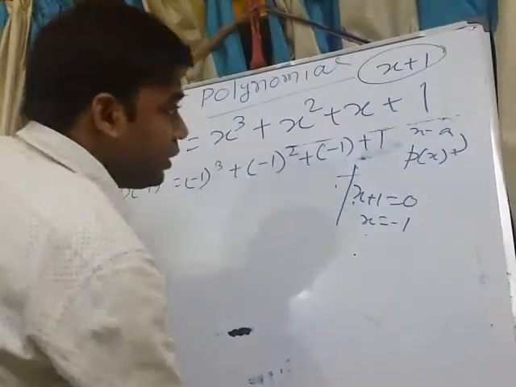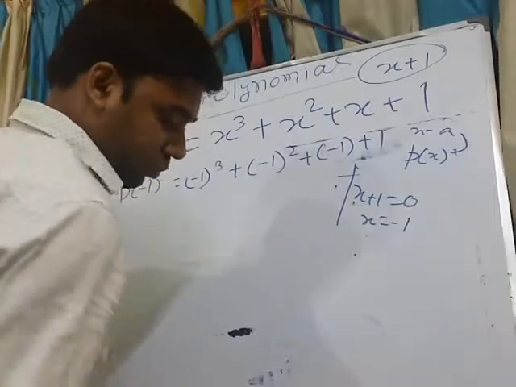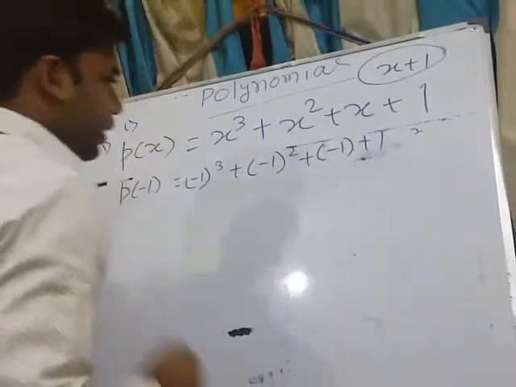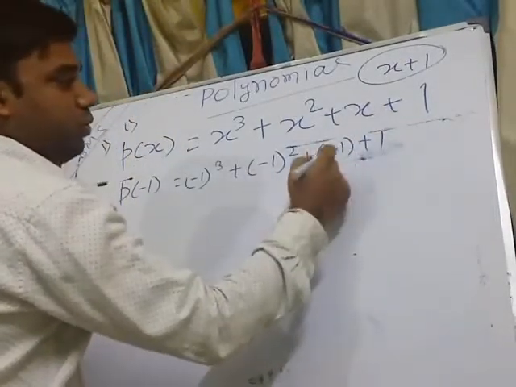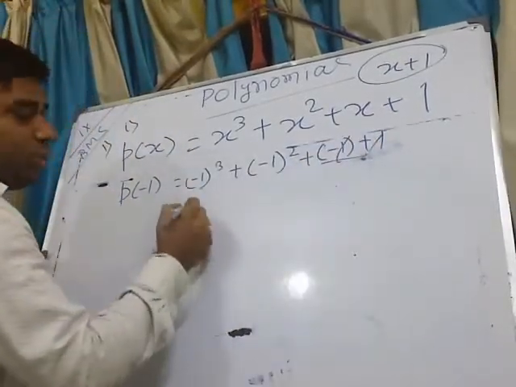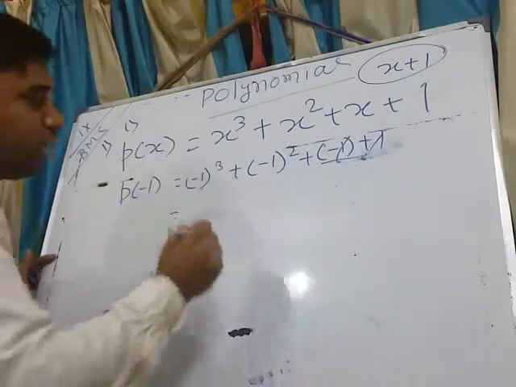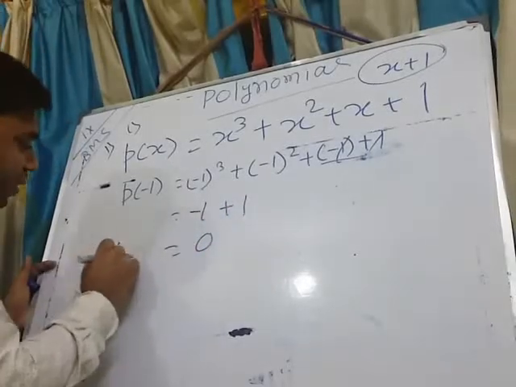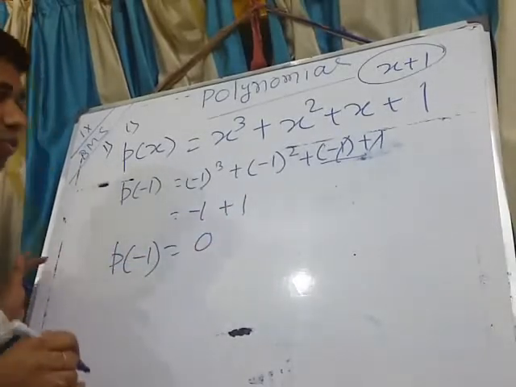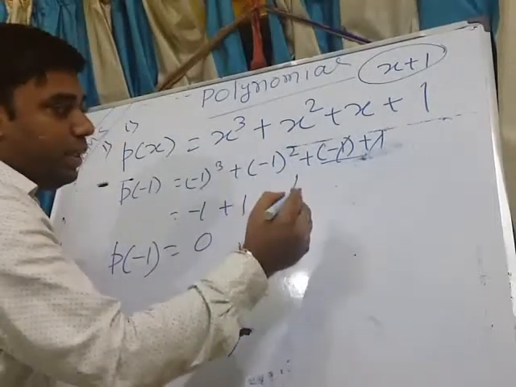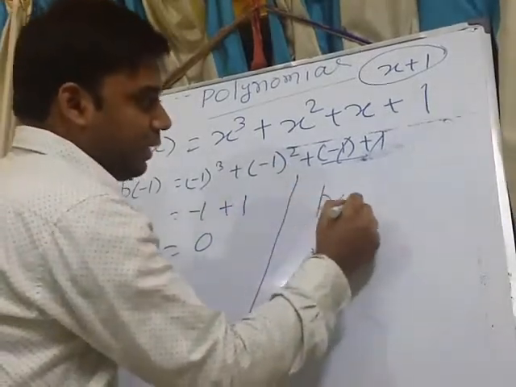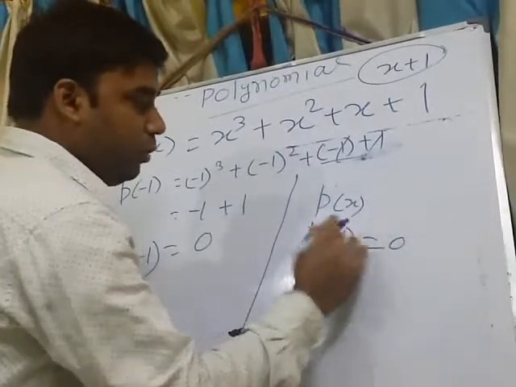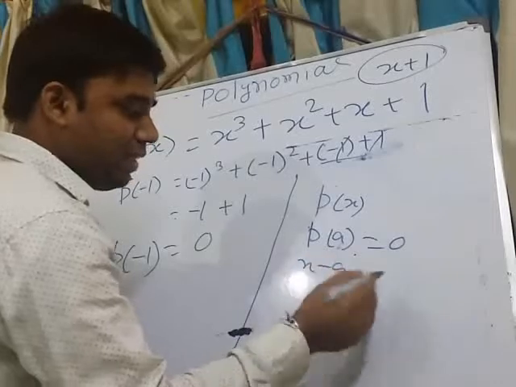The minus 1 and plus 1 will cancel. In the next step, minus 1 cube means minus 1 into minus 1 into minus 1, that is minus 1, and minus 1 square is 1. So p(minus 1) = 0, and according to the factor theorem, if a is any real number such that p(a) = 0, then x minus a is a factor.